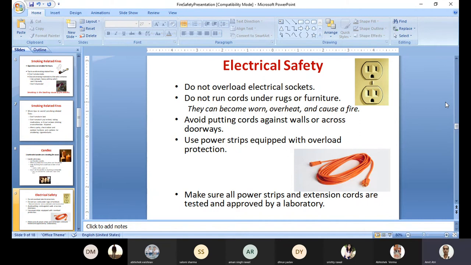Another thing: do not run cords or cables under rugs or furniture. Furniture is itself flammable. Wooden furniture is there, and the power cable is below it. Now the load is increased, and the temperature of the conductor, the wire, the cable, is increasing. That is heating the wooden furniture.